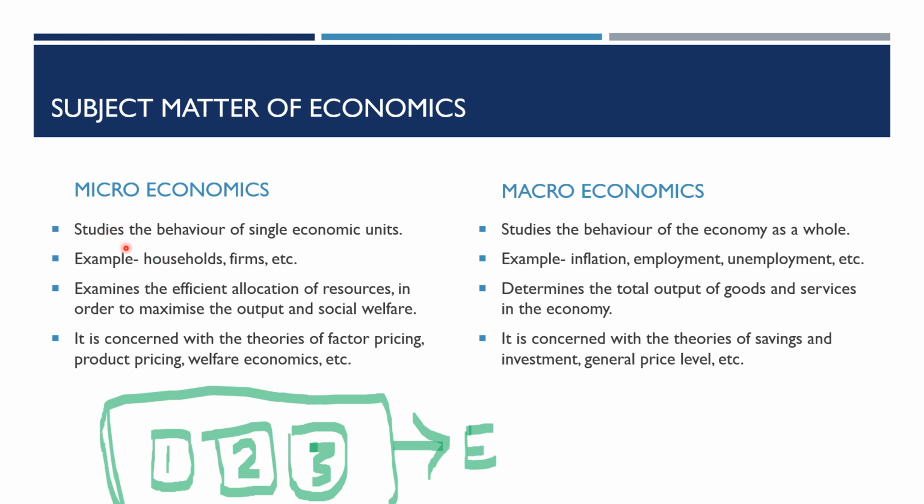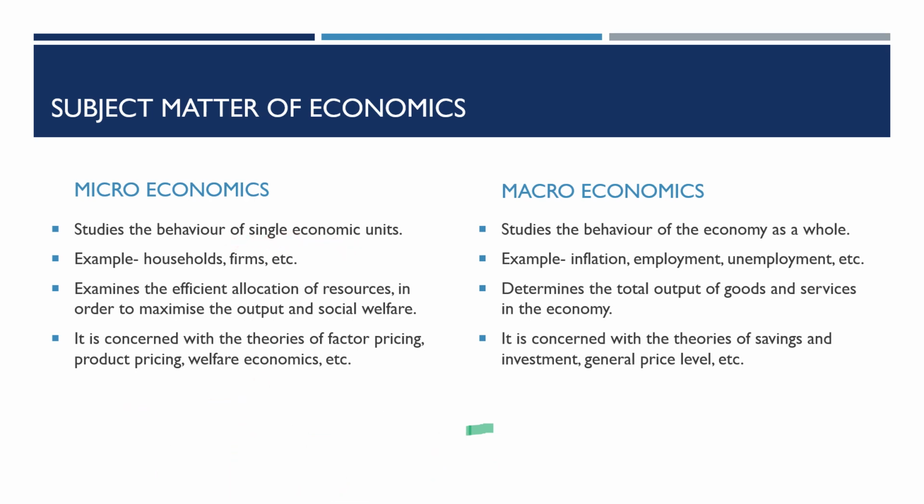Microeconomics studies the behavior of single economic units, for example, households, firms, etc. Microeconomics examines the efficient allocation of resources, how resources have to be allocated in order to maximize output and social welfare.